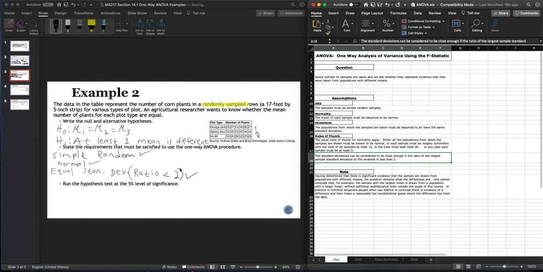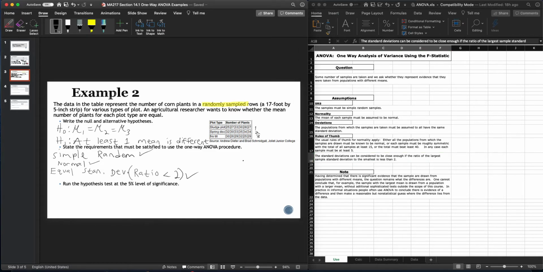And the last one that we need was that the total sample size must be at least 40. Well, we need each sample itself to be at least 5. Each of these has a total of 6 in it. So each sample is greater than 5.